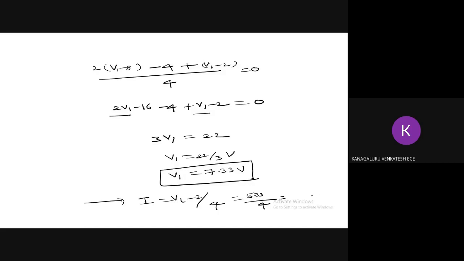Just solve it. 5.33 divided by 4. What do you get? 1.33 amps.